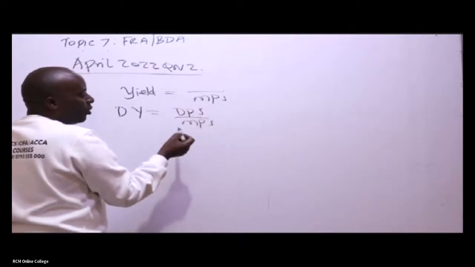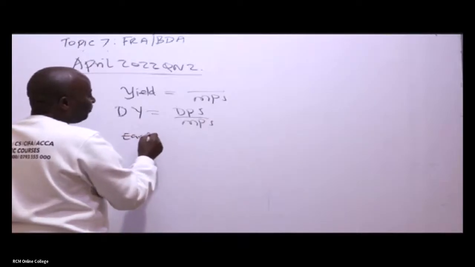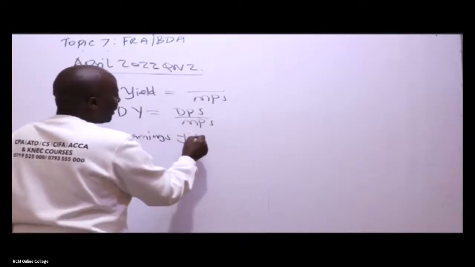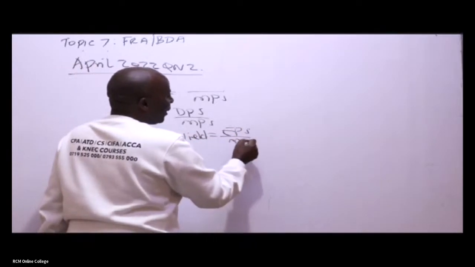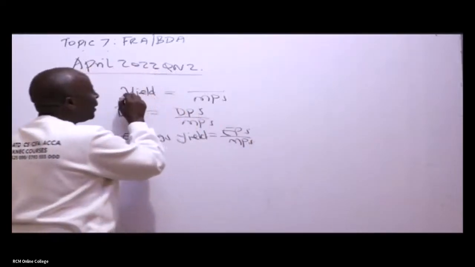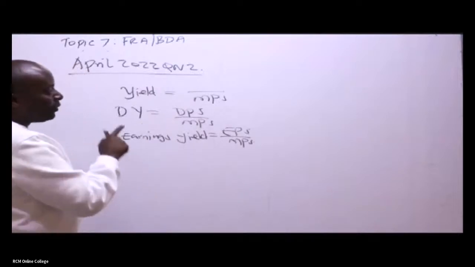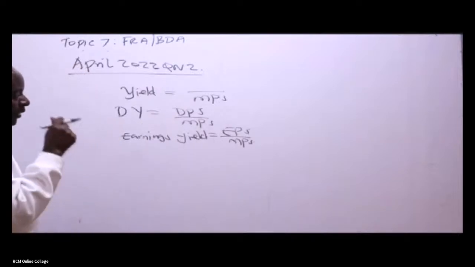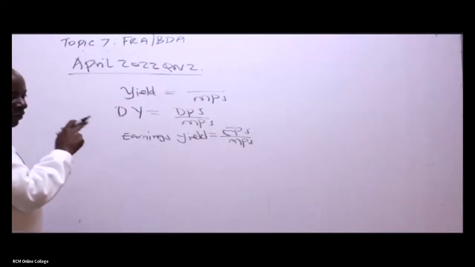Dividend per share over market price per share. When they talk about earnings yield, this one will be earnings per share over MP. So anything yielding, it yields to market price per share. Never forget this. You can forget about everything else, but never forget this.